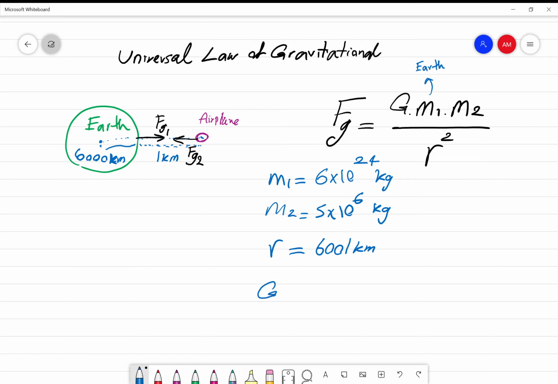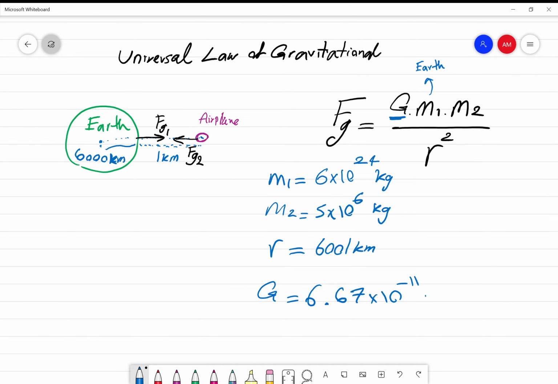And what is G? So this is another thing that we have in our equation. The constant G is also equal to 6.67. This is given, or we can just look it up. It's called the gravitational constant. It's in the equation of our gravitational law, universal law. So that's 6.67 times 10 to the power of negative 11.